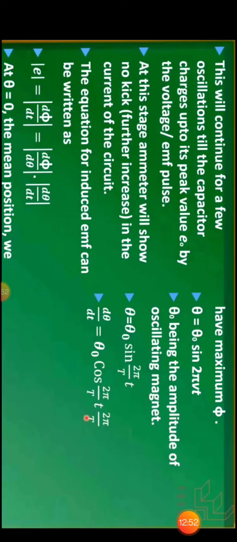Therefore, we get the equation θ is equal to θ0 sine 2π νt. Here θ0 is the amplitude of the oscillating magnet.